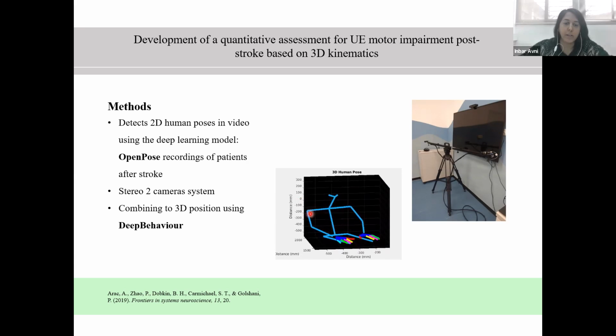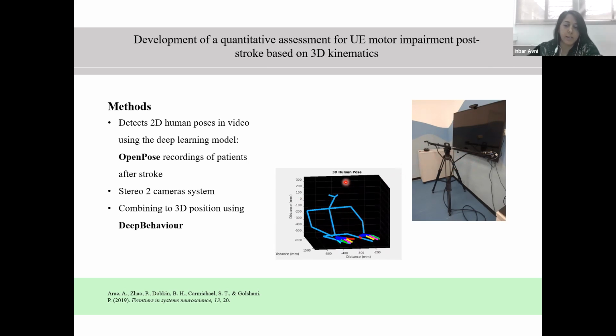And it's based on an algorithm called OpenPose, to whoever of you knows it. We extract it based on a two-camera system. This is what you can see here. These are high-resolution cameras that we're using to record our patients. Each camera has a different angle, and that's basically what is allowing us to extract this 3D model.